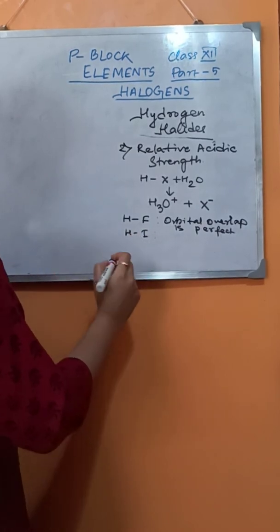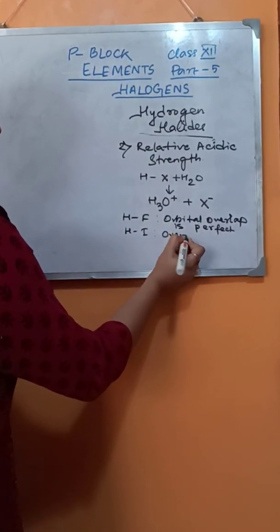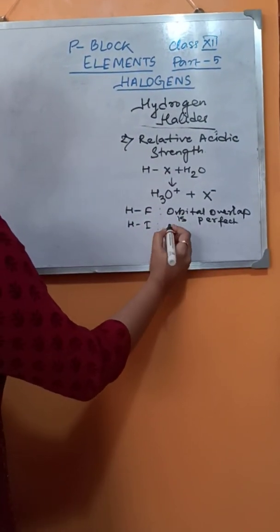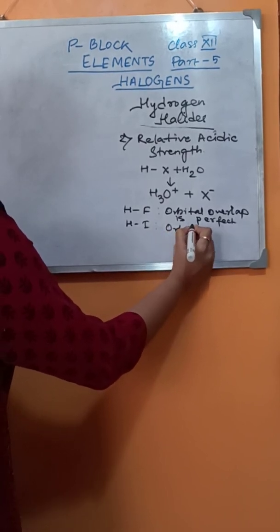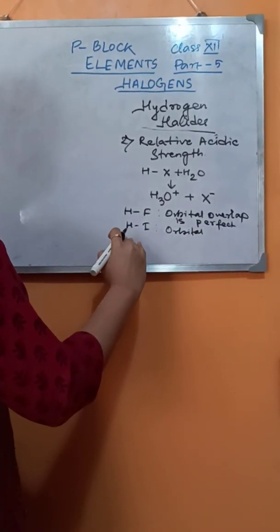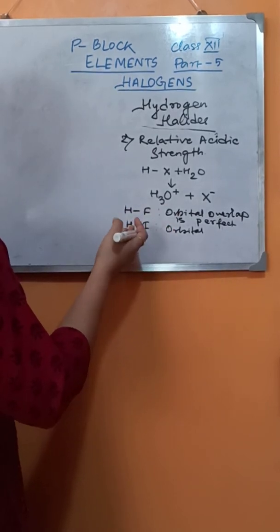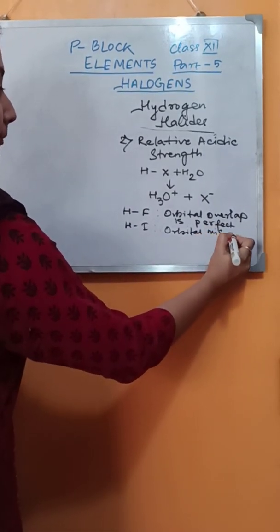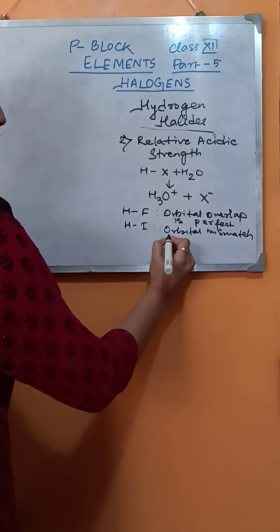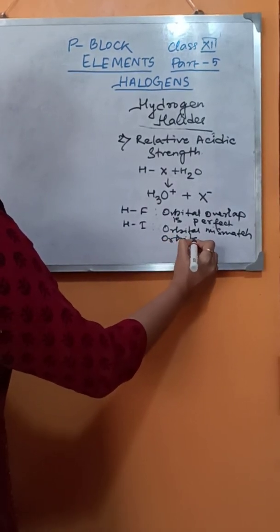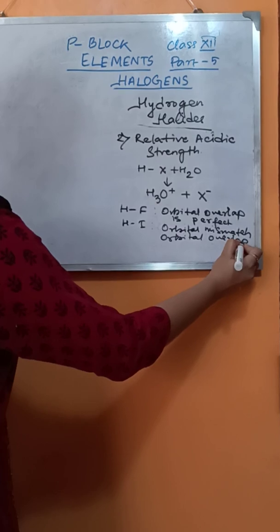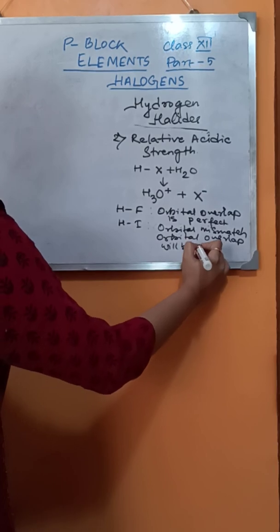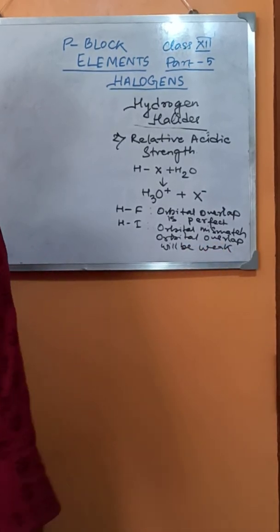But in case of HI, there will be orbital mismatch because of the higher difference between the atomic radii of the two atoms. Orbital mismatch. So orbital overlap will be weak.